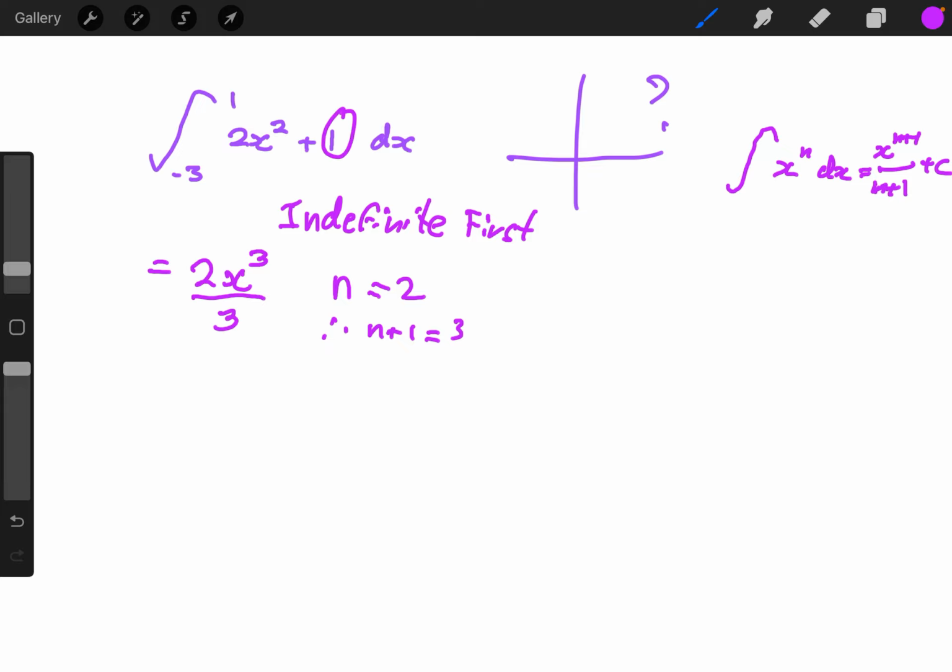And then the 1, remember what you do with a constant, you just add an x. Or you don't add it, you multiply it, but whatever, you know what I mean? So it's 1x, or just literally x. So if we add it there, you just remove this.